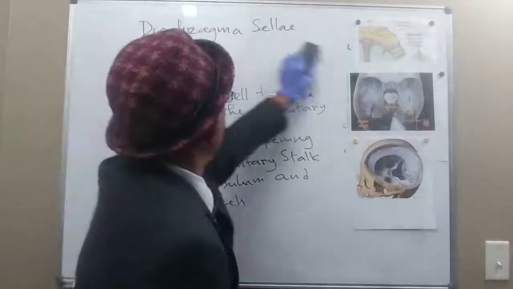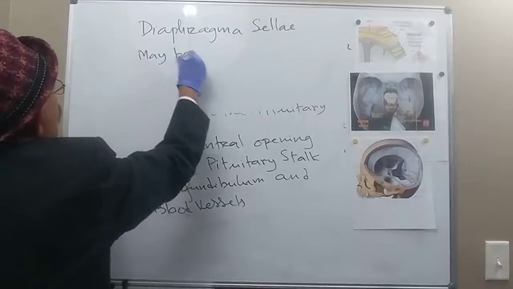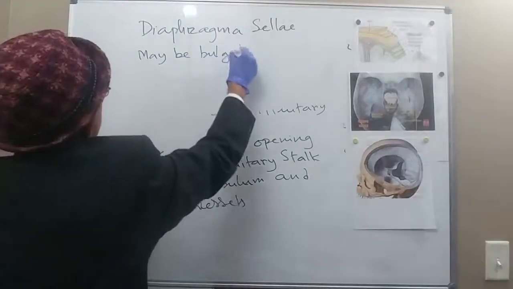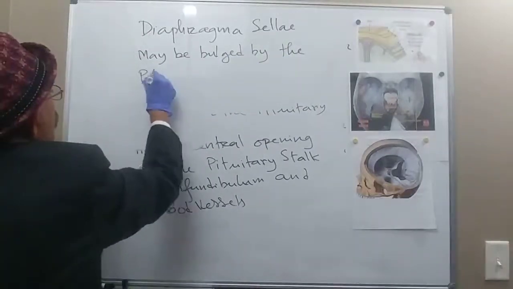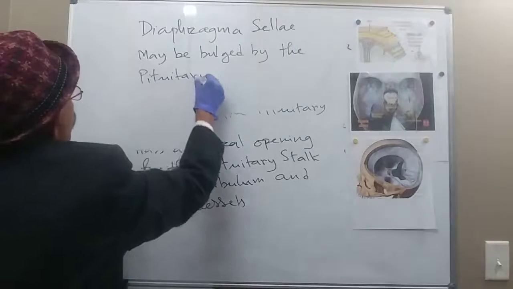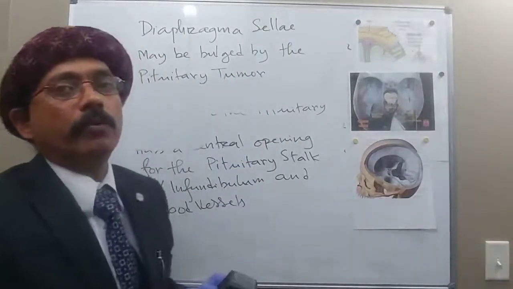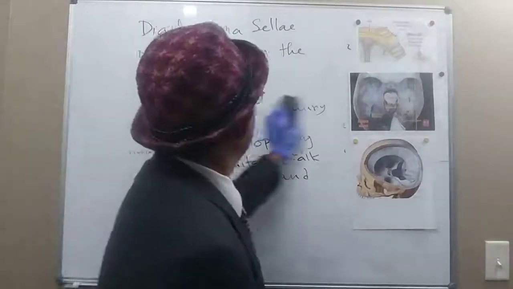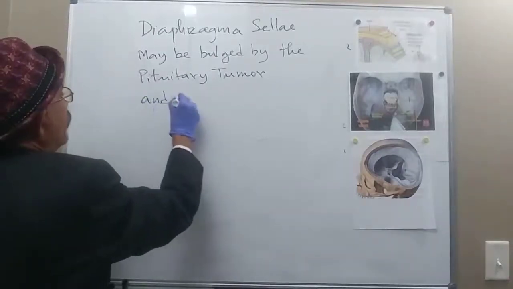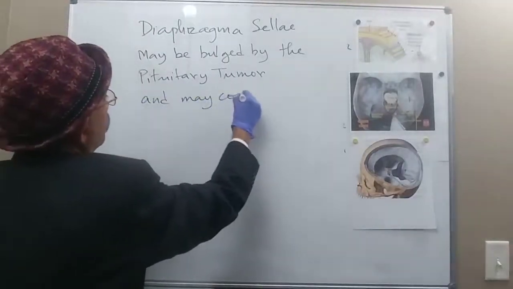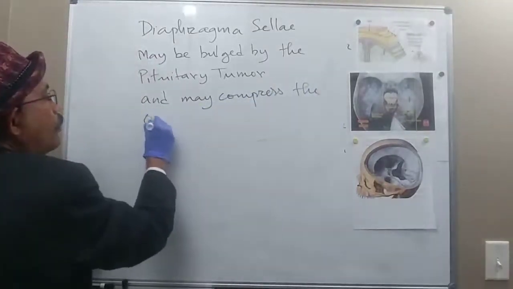The diaphragma sellae may be bulged by a pituitary tumor, like the pituitary adenoma that causes acromegaly, and may compress the optic chiasm.